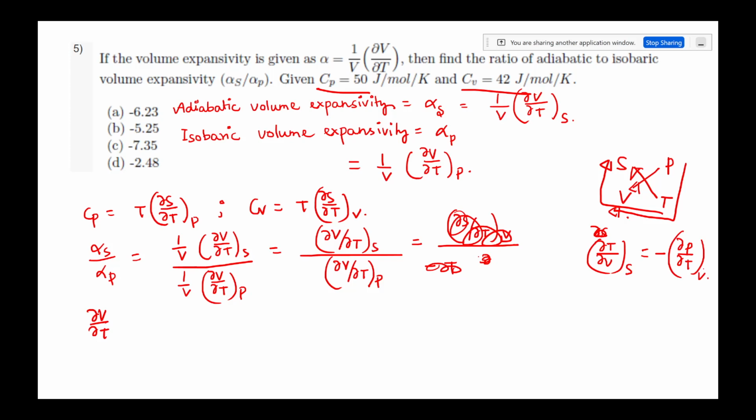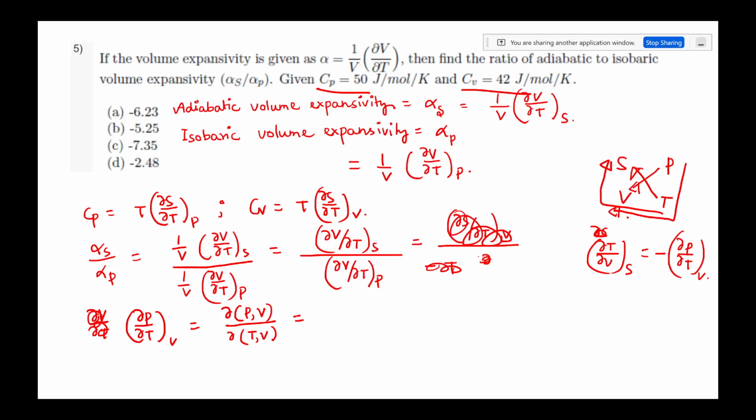So del P del T constant V is been given. Okay, so let me write in terms of this. So here del P del T constant V is del of PV del of TV.